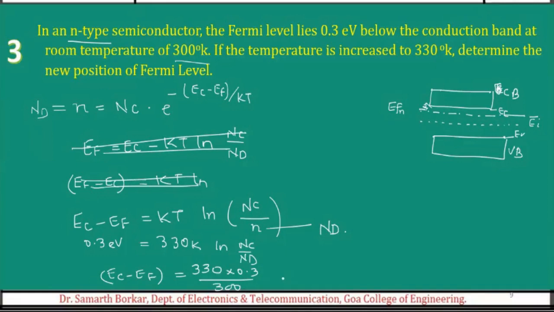Comparing this, what I get is 0.33 electron volt. So it shifts to the value of 0.33 electron volt.